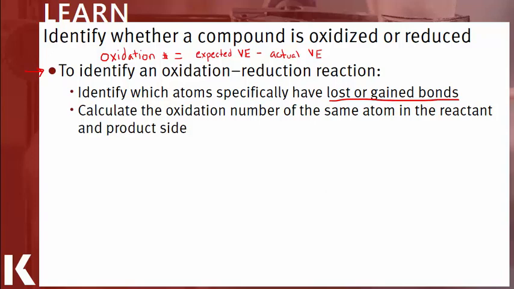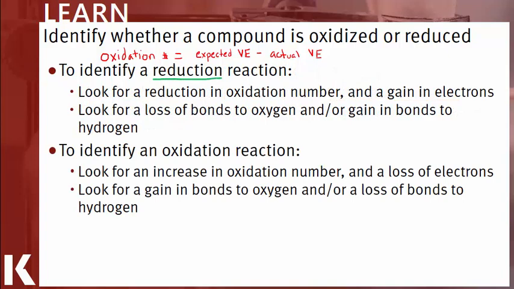The atom on the reactant side has an oxidation number that is either larger or smaller than the oxidation number of the same atom on the product side. A reduction reaction occurs when the oxidation number goes from big to small between the reactant to the product, or when there's a reduction in the oxidation number. A reduction indicates a gain in electrons. In contrast, an oxidation reaction occurs when the oxidation number increases on the atom, going from reactant to product.